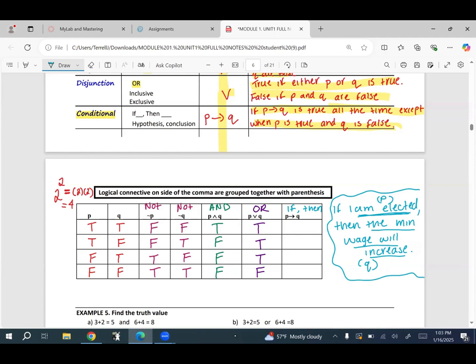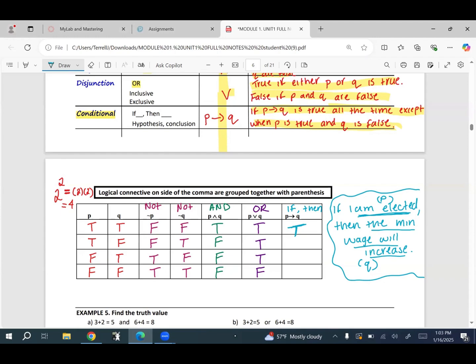So if P is true and Q is true, what that means in this example is the person was elected and therefore the minimum wage will increase. This statement should be true because whatever the person promised, happened. They got elected and what they promised, the minimum wage will increase, occurred. So this statement is true. Look at the next one.